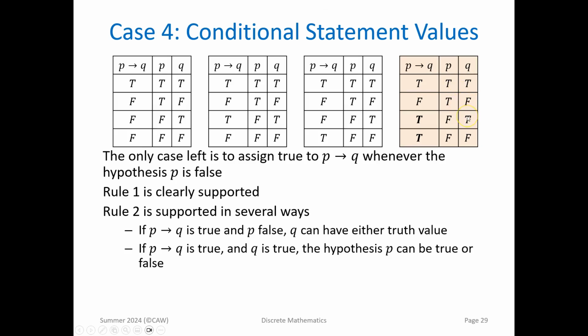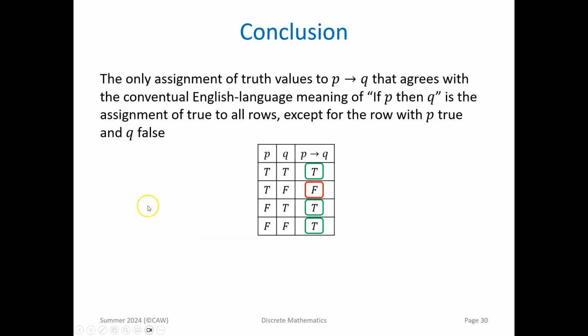In that third row, Q is true and P is false. So here we have this somewhat sort of a reverse case of what we just looked at. Here, if we assert P then Q, and we know Q is true, we can't say anything about P. We don't know. It could be true or false. And that supports the directionality. In both the cases that I've shown here, we maintain the directional nature of the operator, which we must do.